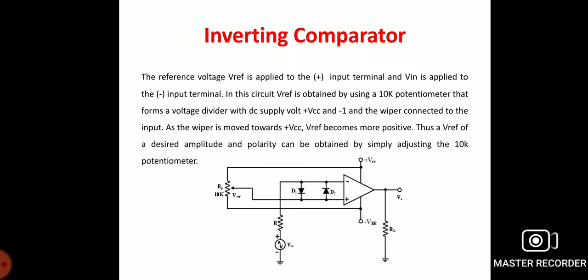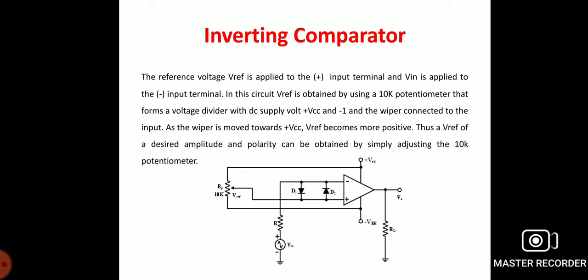Now we move on to the inverting comparator. The reference voltage is applied to the positive input terminal and the input voltage is applied to the negative terminal. In this circuit, the reference voltage is obtained by using a 10 kilo ohm potentiometer that forms a voltage divider with DC supply voltages VCC and -VEE, with the wiper connected to the input.